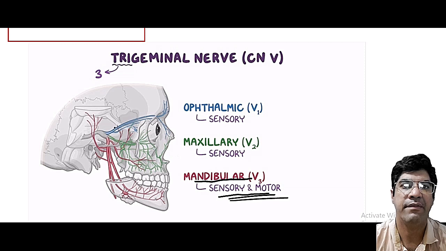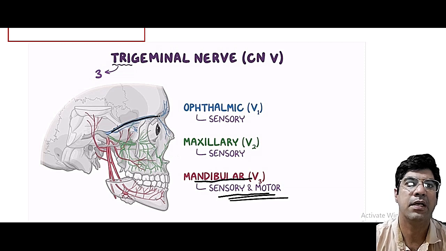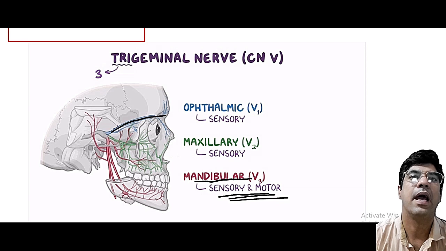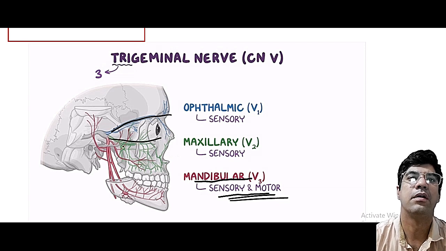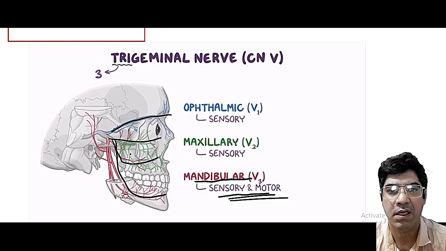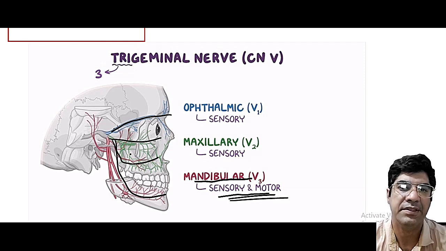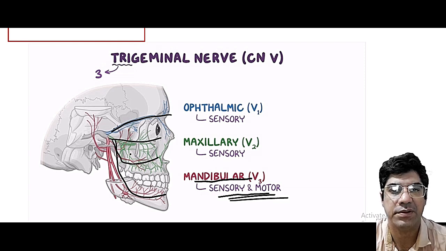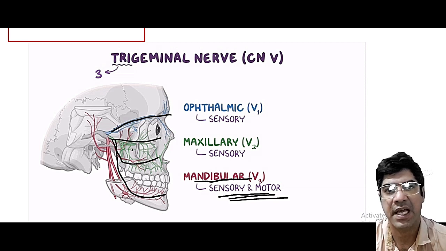So the trigeminal nerve gives branches: ophthalmic, maxillary, and mandibular. The maxillary division will supply the upper jaw and surrounding areas, including the upper lip, cheeks, and part of the nose. And the ophthalmic division provides sensation to the forehead, scalp, upper eyelid, and front of the scalp.